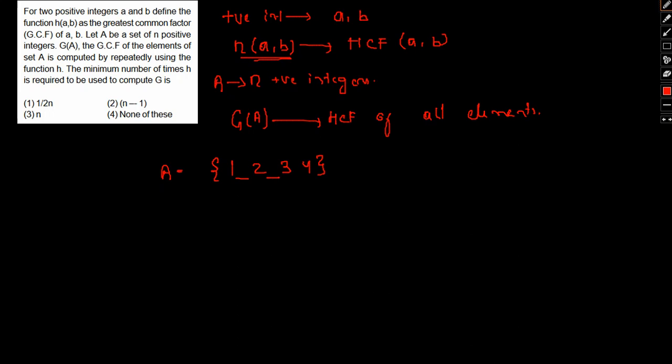So basically, since there are 4 terms, taking two at a time, I'll be computing the same 3 times.